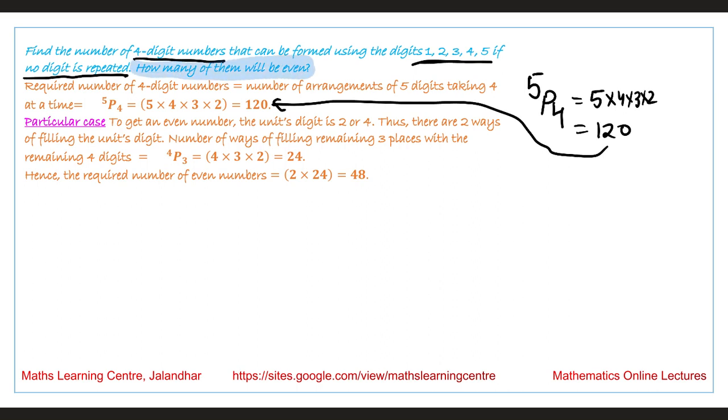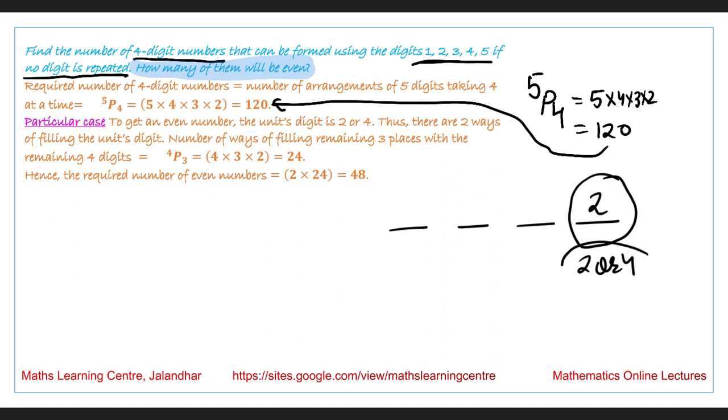So when we are talking about this case, we have 4-digit numbers. This last place, it can be occupied by 2 or 4. So the number of ways we have, we have to choose out of these 2. So basically it is 2p1, that is equal to 2.